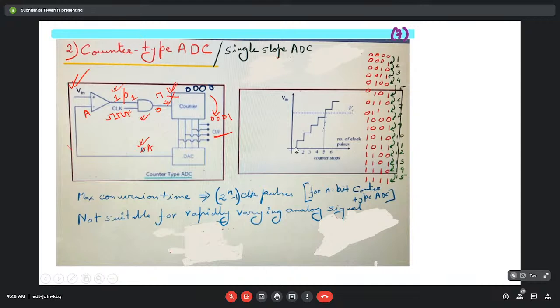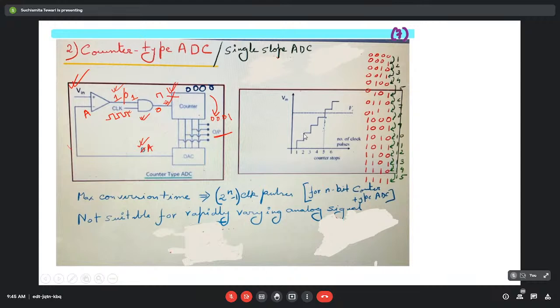Now, after the first clock pulse, the DAC is producing the voltage equivalent to this level. So this is less than V in. At the output of this comparator we are getting 1, and that means the counter is getting the clock pulse, so it will increase its count to this value.